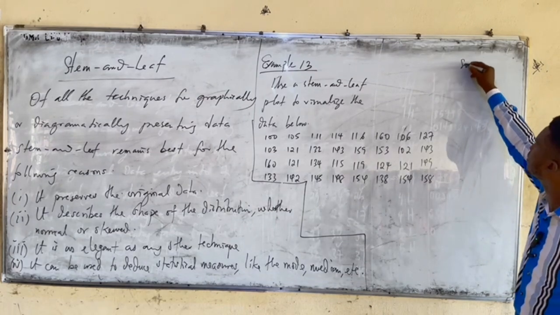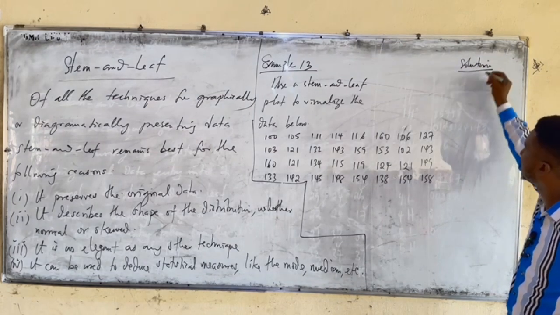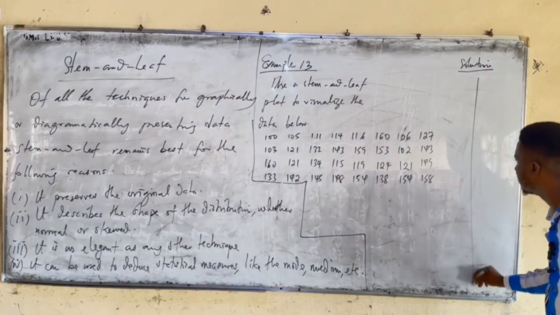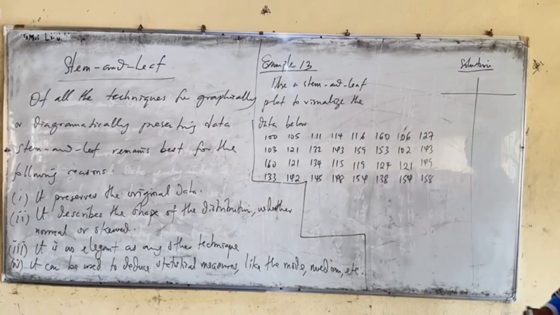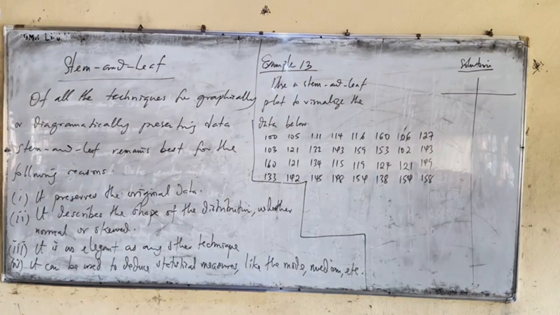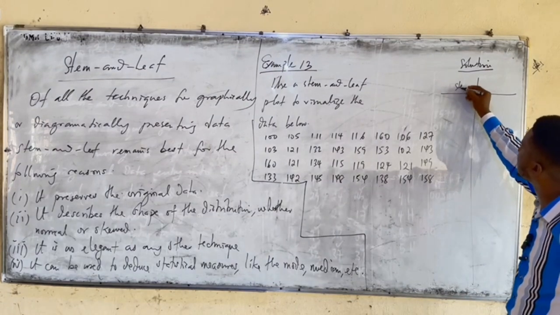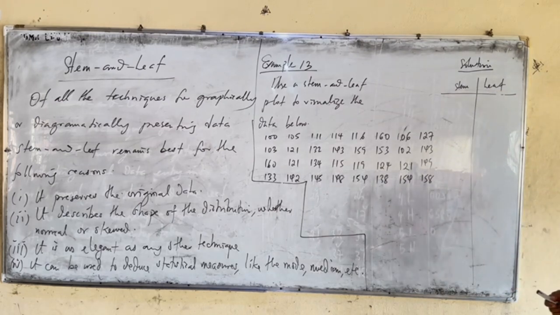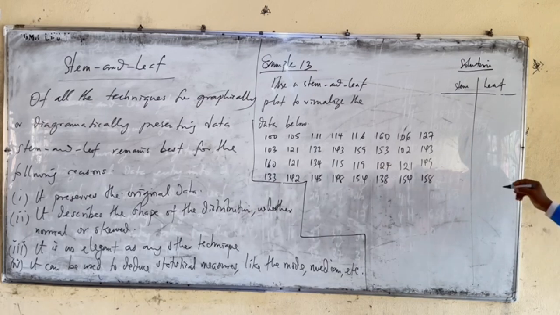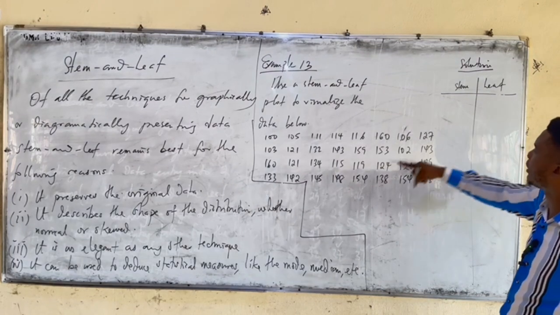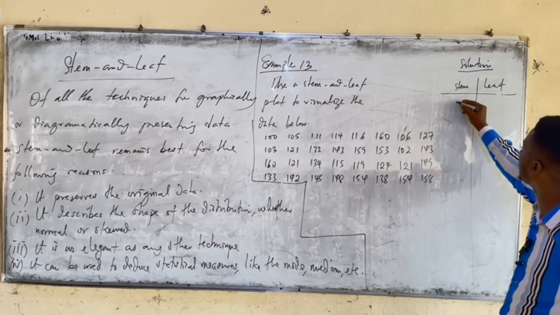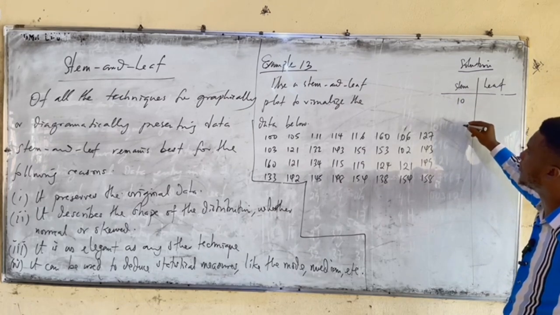So I'm going to put my solution here and then go down. So I'll put here a stem, I'll put here a leaf. Okay? Now for my stem, looking at my data starts from 100 and ends at 160. So I'm going to use 10.